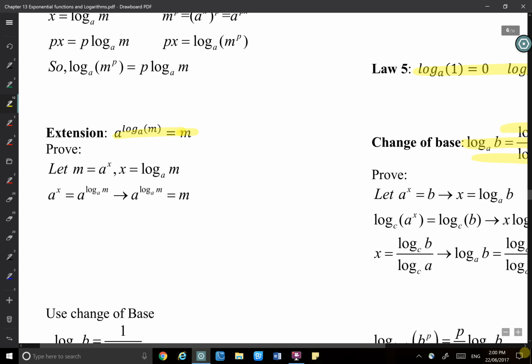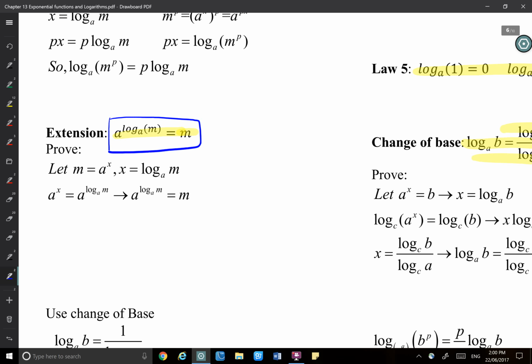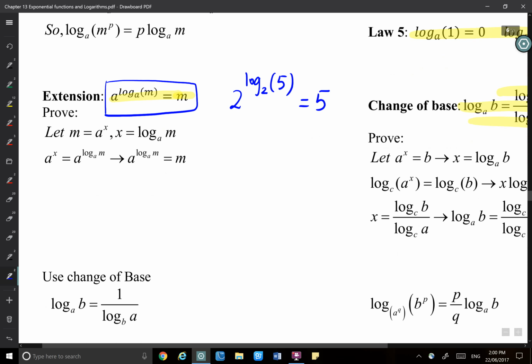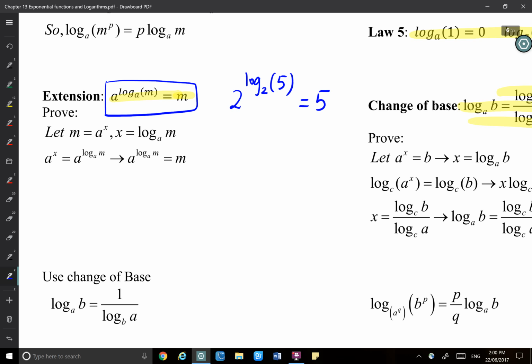The extension, you may not use it this year, but this is very important in Year 12. A to the power of log base a of m will equal m. For example, 2 to the power of log base 2 of 5 will be 5.